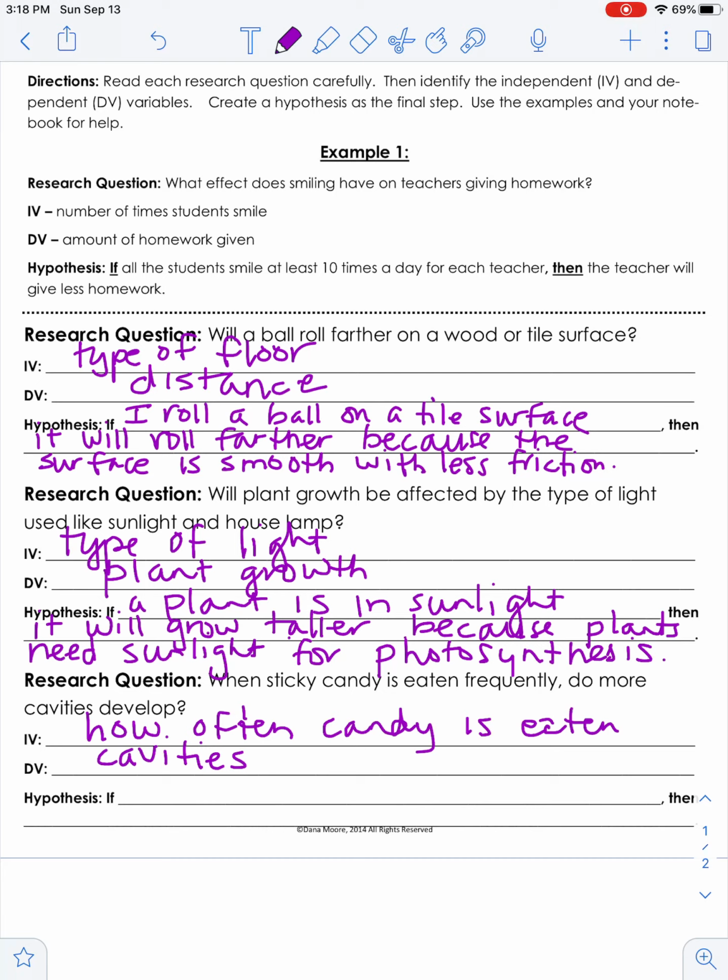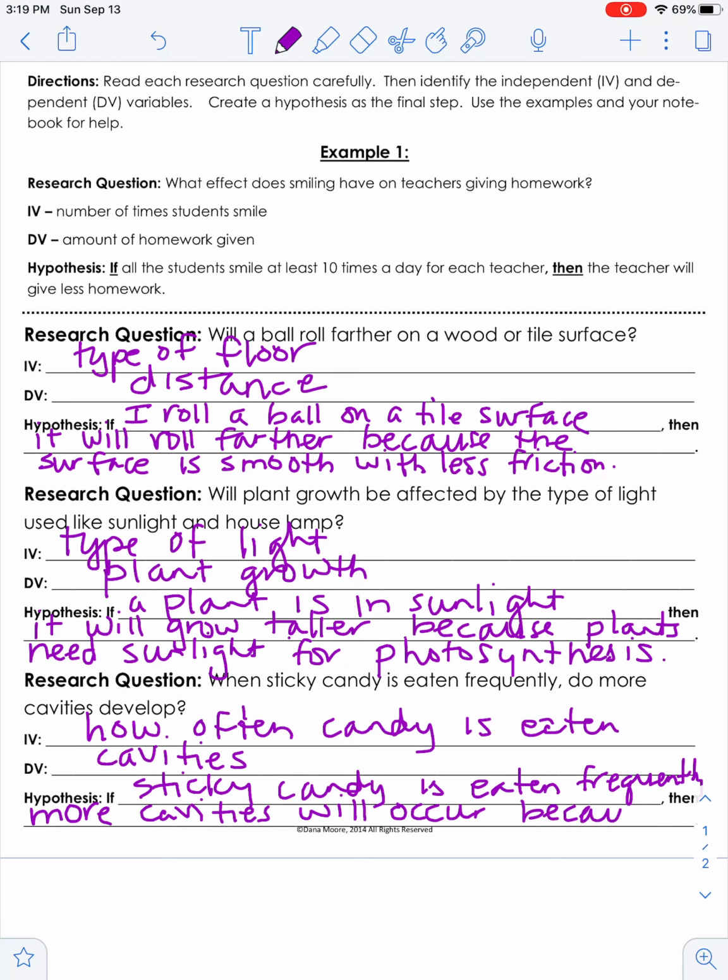Eating candy frequently. If sticky candy is eaten frequently, then more cavities will occur because sugar causes cavities.